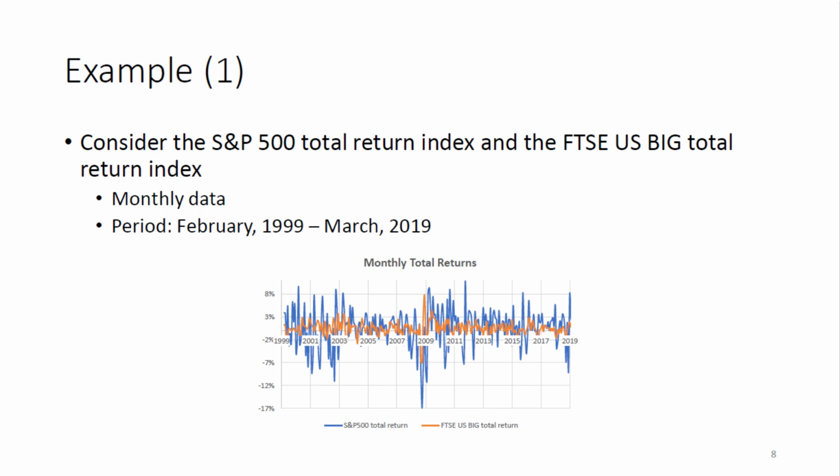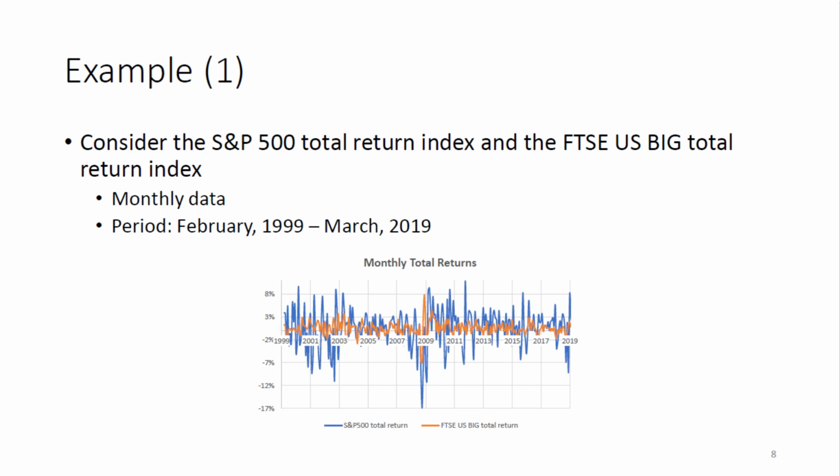And I use the FTSE US Big Total Return Index, which is sort of a proxy for bond returns on large firms in the US as well. I took monthly data, for a period of almost 20 years, from February 1999 until March 2019. And below you find a plot of the monthly returns.